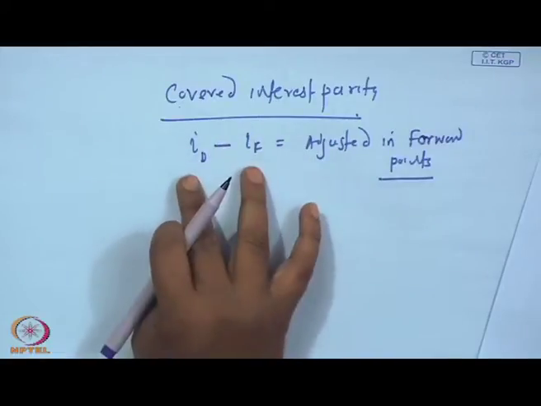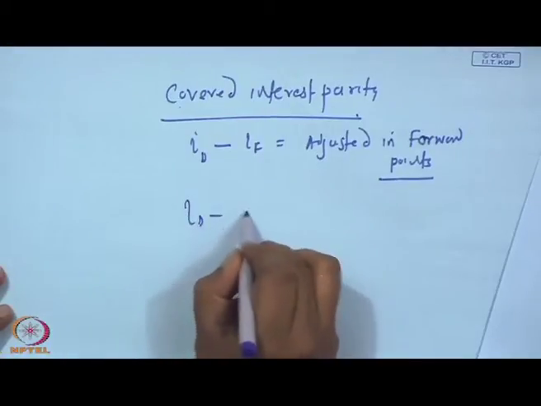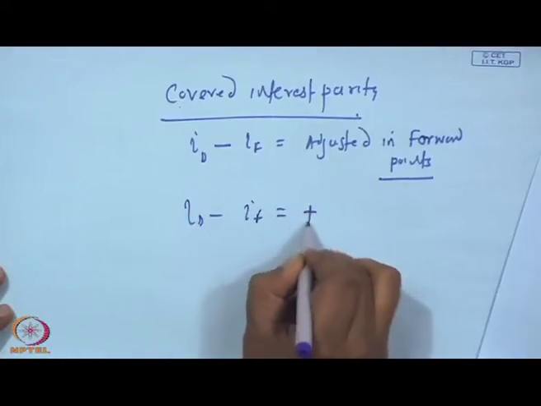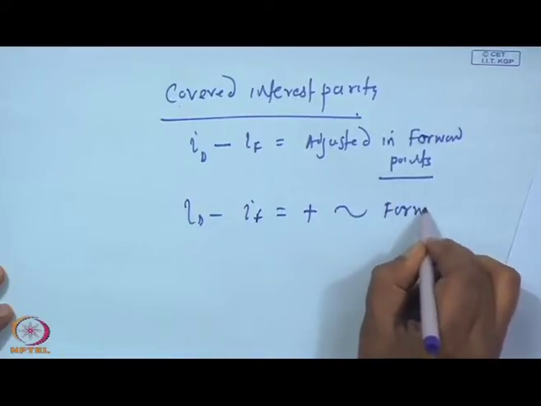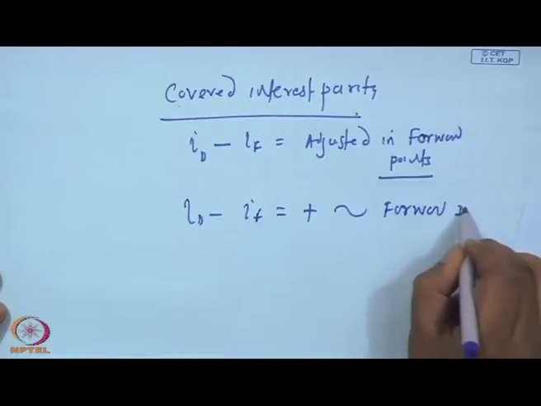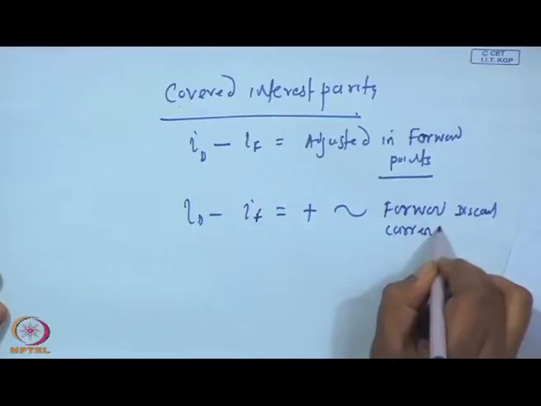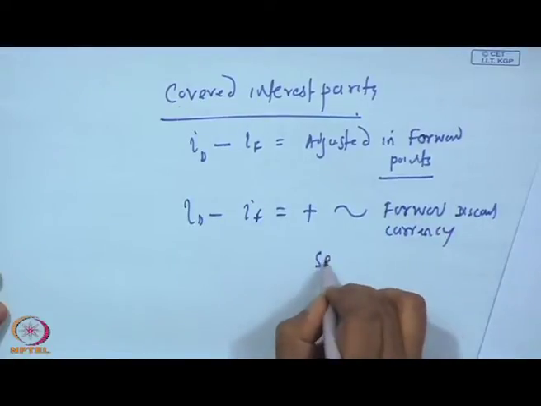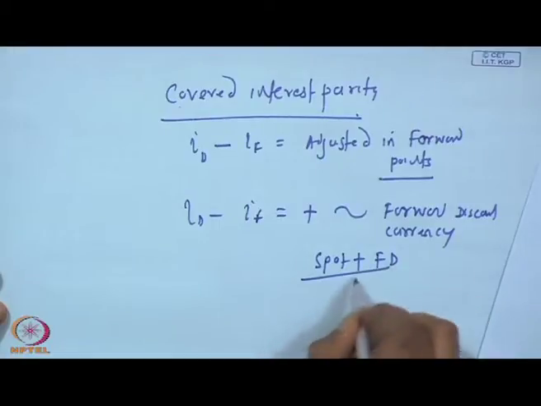So, if the interest rate differential, domestic minus foreign, is positive, then it is a forward discount currency, and you add it to the spot: spot plus forward discount leads to depreciation of currency.